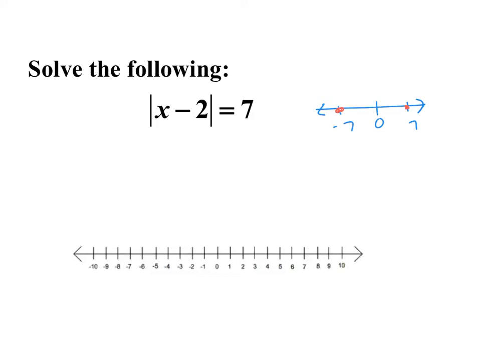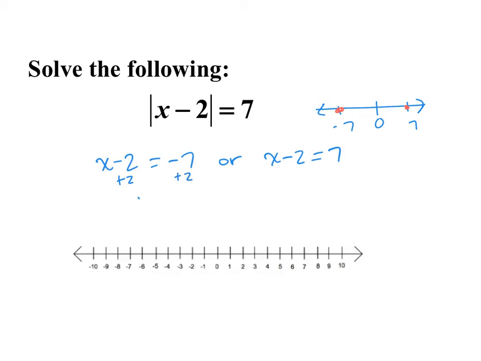So x minus 2, what's inside the absolute value symbol, can either be equal to negative 7, or x minus 2 can be equal to positive 7. So you can see we have two little equations now that we need to solve. So let's do that real quick.